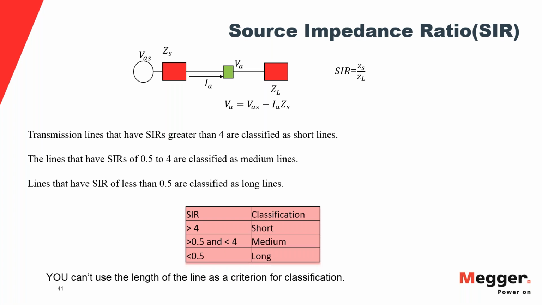Let's remember this. It's not the same to calculate the distance to the fault, which is for a fault locator to do, as calculating the impedance and then making a decision as to whether there was a fault there or not.